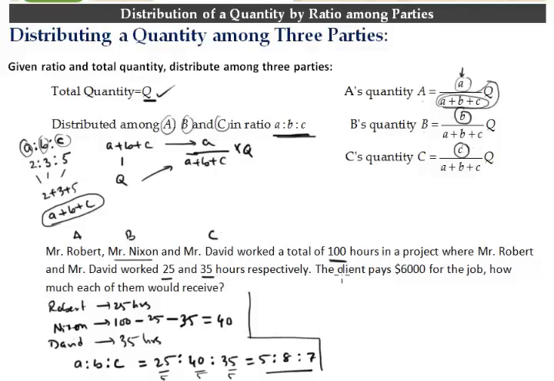Now the client pays a total payment of $6,000. How much will Mr. Robert, Nixon and David each get paid?